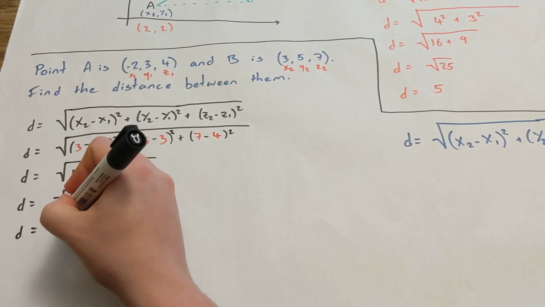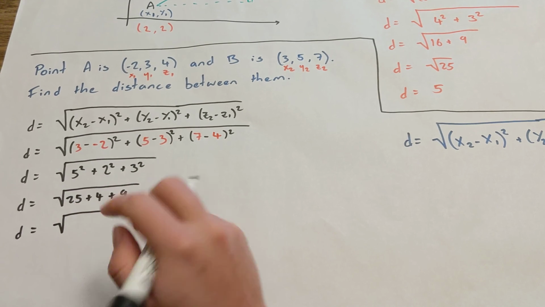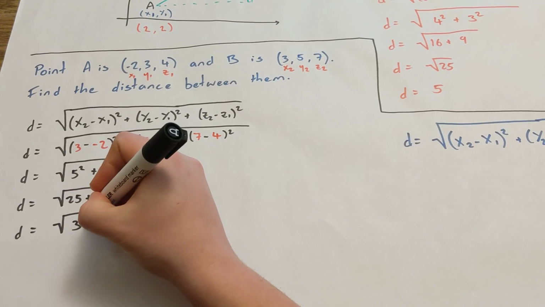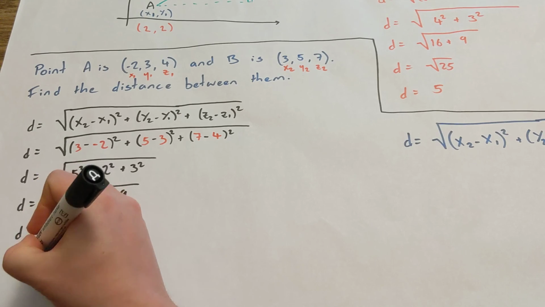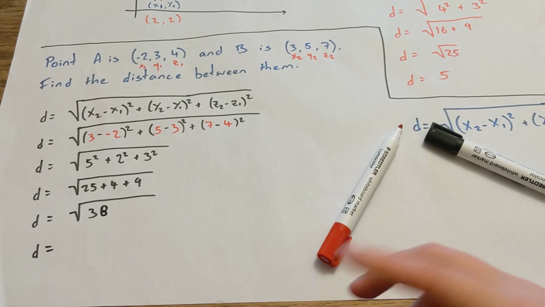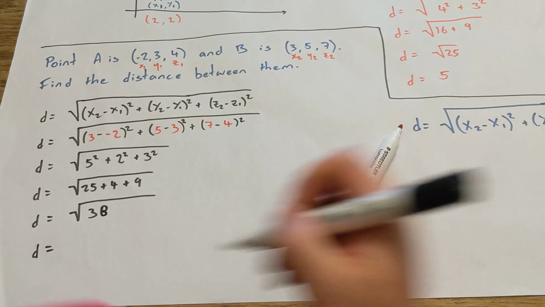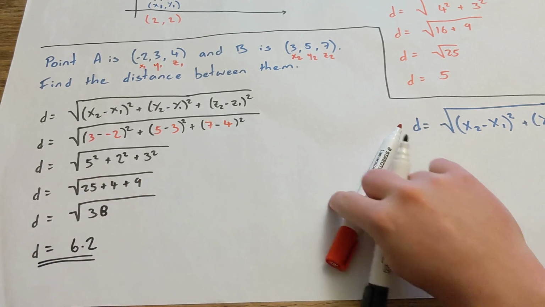So D equals square root of 25 plus 4 is 29 plus 9 is 38. Then we could do this on our calculators. So square root of 38 is 6.2, and then we get the distance between the points is 6.2.